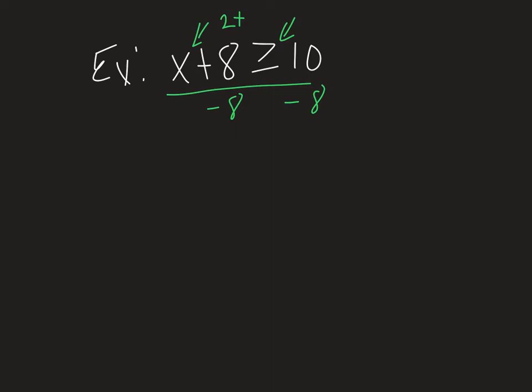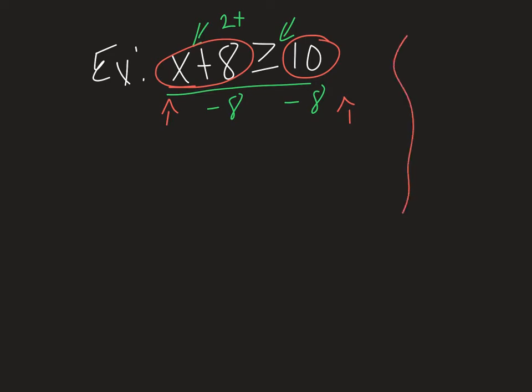If the x plus 8 is already bigger than or equal to 10, as long as I take 8 from both sides, that relationship should still remain true. The side on the left should be greater than or equal to the side on the right. So when we're talking about addition and subtraction, we can always treat it as we would an equation.